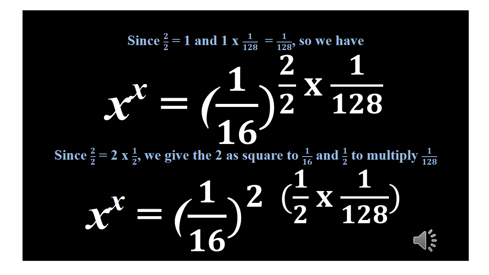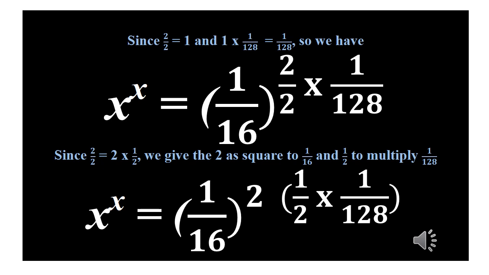Likewise, the way we did the other time, since we have 2 over 2 as 1, and 1 times 1 over 128 is still 1 over 128, we plug in the 2 over 2 to multiply 1 over 128. So we have x raised to power x equals 1 over 16 all raised to power 2 over 2 times 1 over 128.